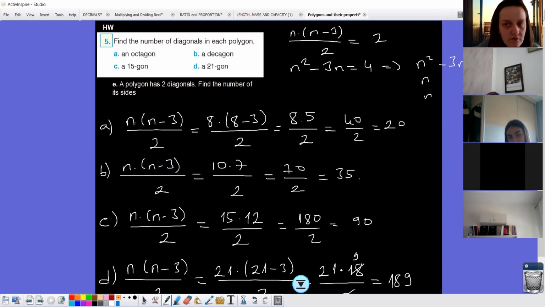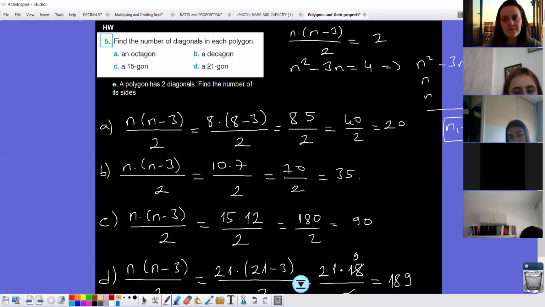One of them has to be minus 4. Then we have n1 is equal to 4, n2 is equal to minus 1. Because it cannot be negative, minus 1 is not the solution. This is the solution. Or directly, we know that a quadrilateral with 4 sides has 2 diagonals.